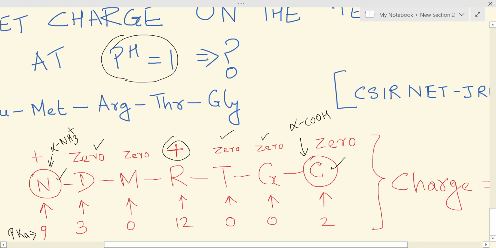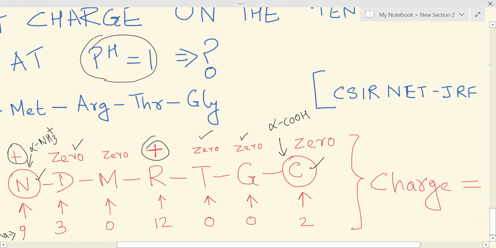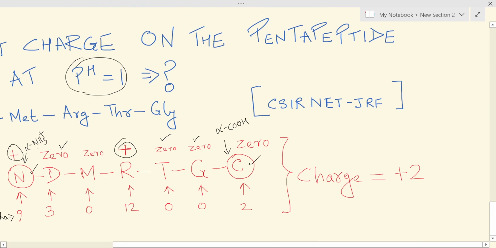The alpha carboxylic group is acidic, and pH is lesser than the pK value, so it is having zero charge. And this alpha amino group will have a positive charge. Why? Because it is basic in nature and pH is less than the pK value, so it will be protonated, having one positive charge. So how many positive charges do we have? We have two. So the net charge on this penta polypeptide chain is +2 at pH 1.